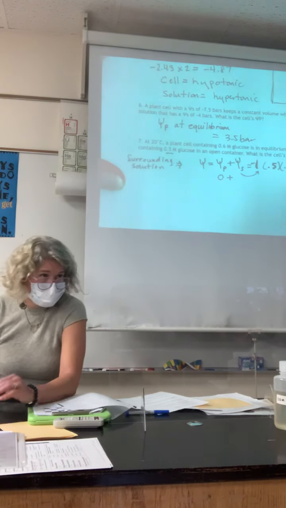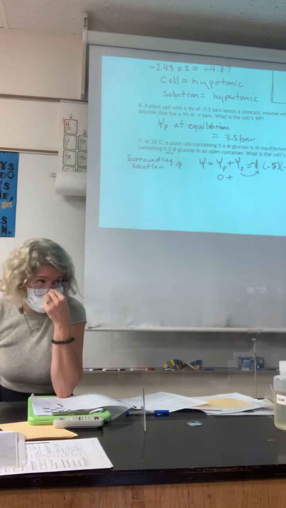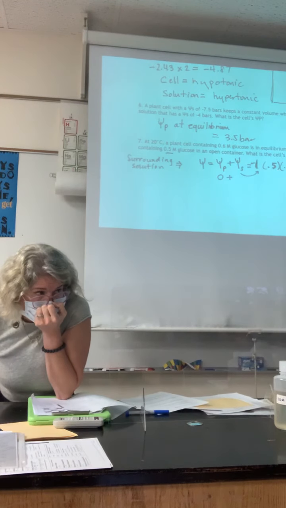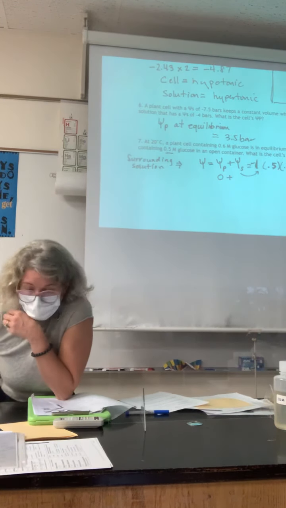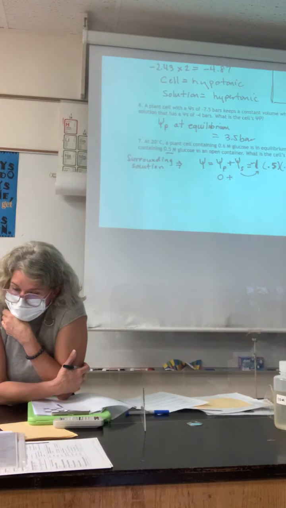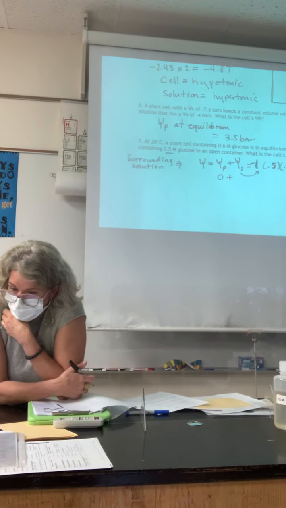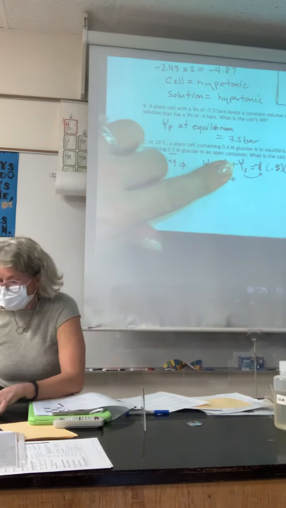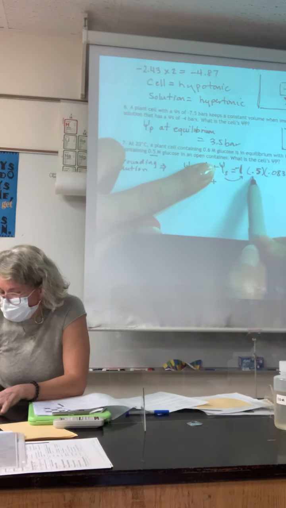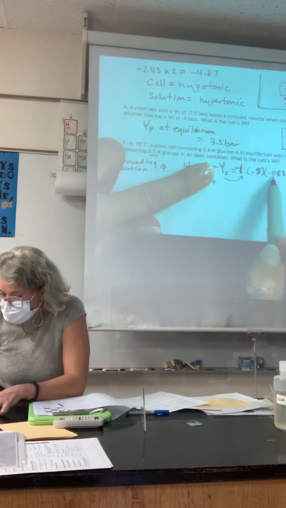And what do you get for that? Lamb, what do you have? Need a moment. So you're just calculating your solute potential. So negative 1 times 0.5 times 0.0831 times 293.